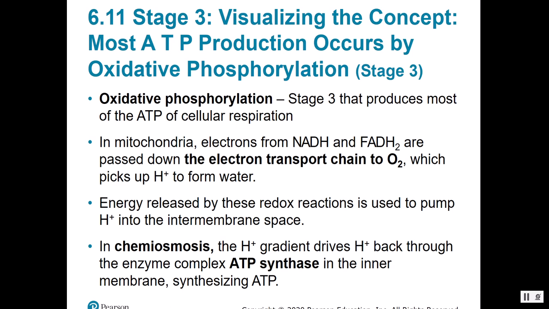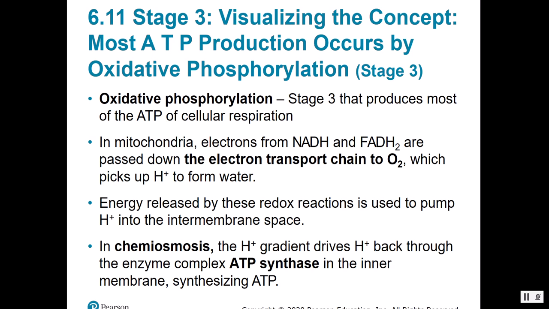The energy that's released by these redox reactions is going to be used to pump hydrogens into the inner membrane space. This is going to start a process called chemiosmosis. Chemiosmosis is going to give us the most bang for our buck. So what happens, hydrogens are charged.